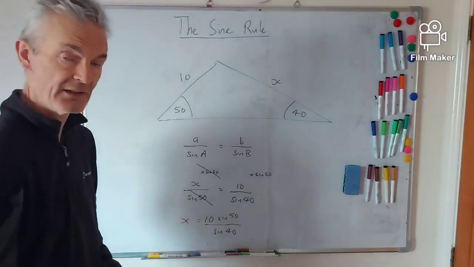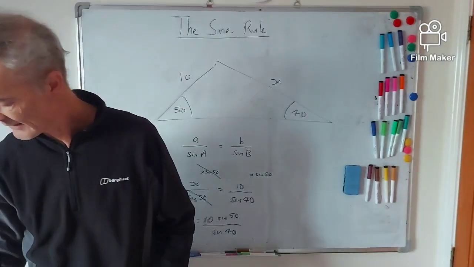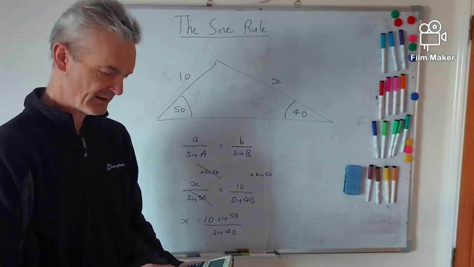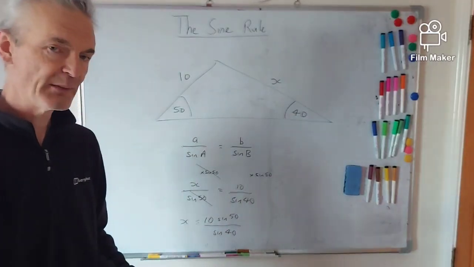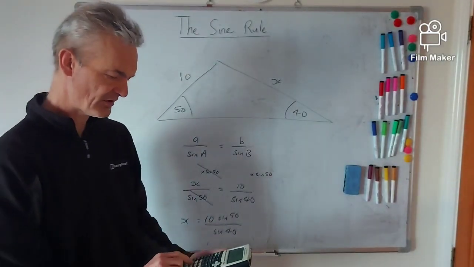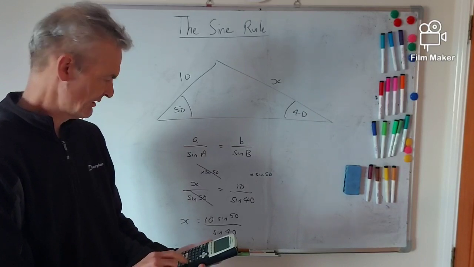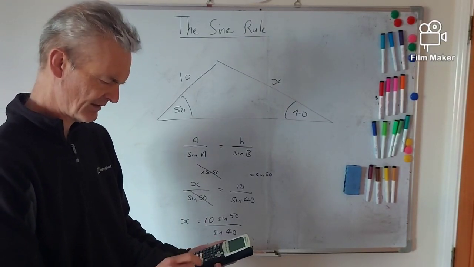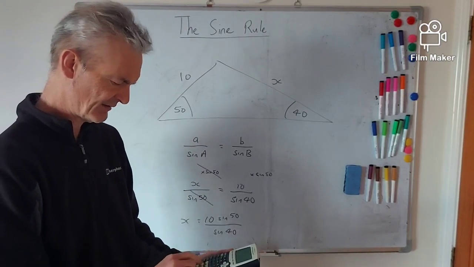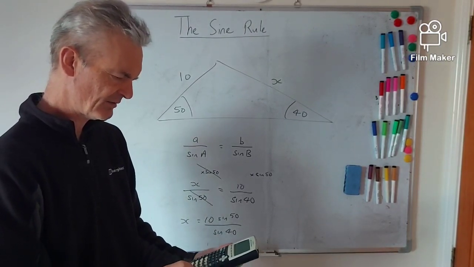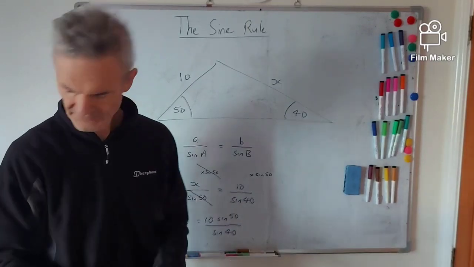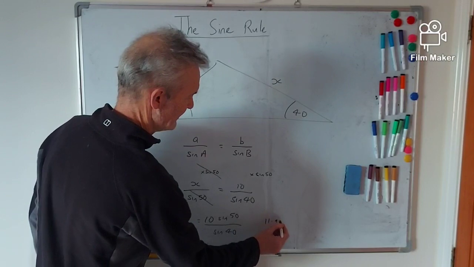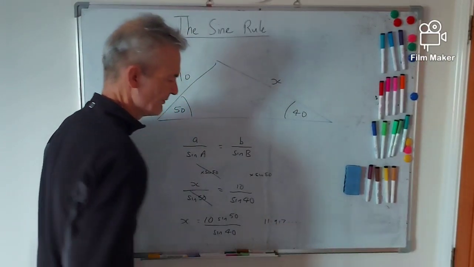And now all I need to do is grab my calculator and work this out. This sort of question will be on a calculator paper, so you will be able to use your calculators. So I'm just going to do 10 times sine 50 divided by sine 40 equals, and that's 11.917, and some more decimals.